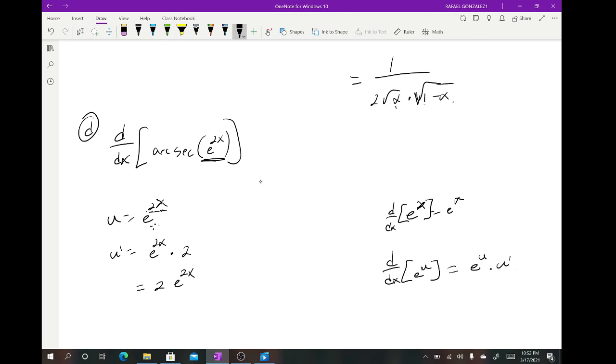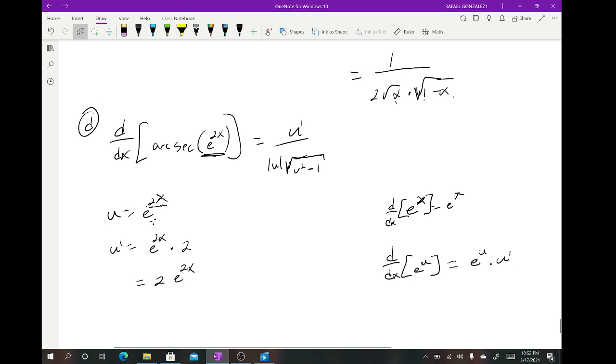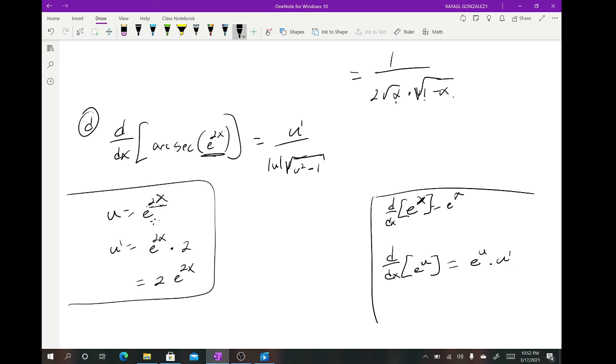Now, we put this back together. So the arcsecant rule was that complicated one with the absolute value. So that was u prime divided by the absolute value of u times the square root of u squared minus 1. Let me box this one out as well.